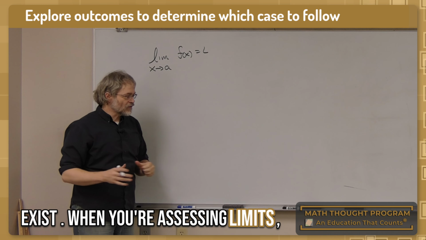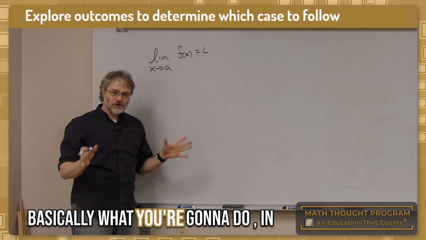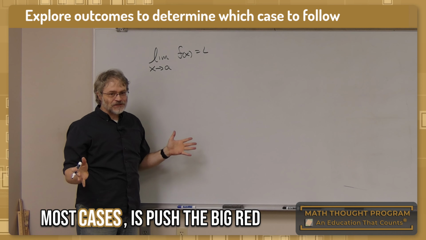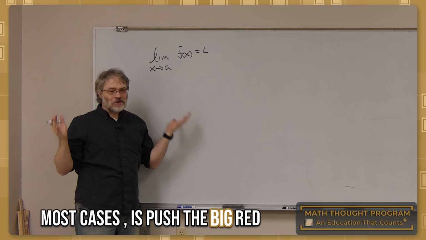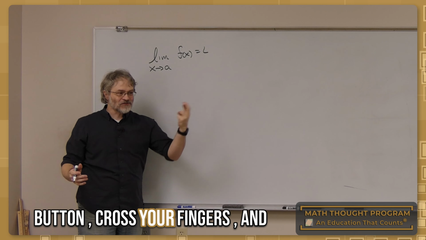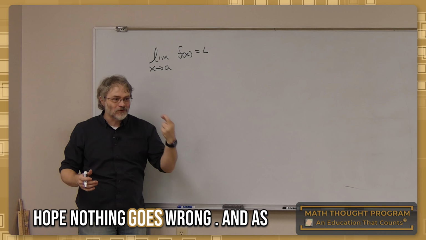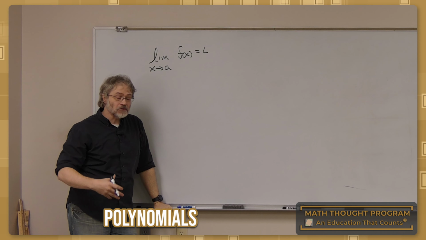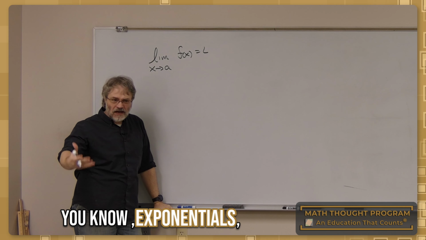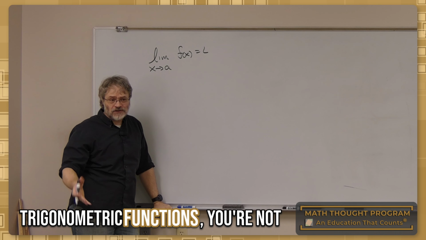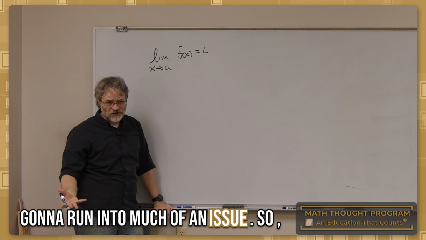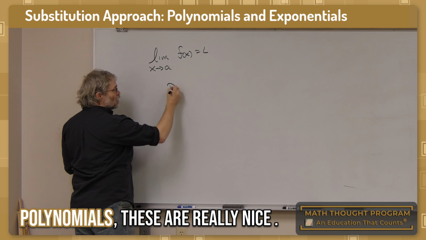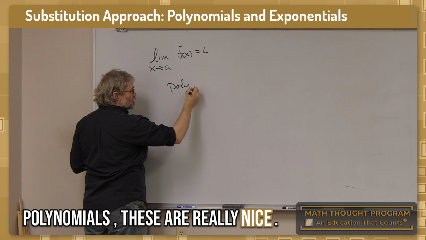When you're assessing limits, basically what you're going to do, in most cases, is push the big red button, cross your fingers, and hope nothing goes wrong. As long as you're working with polynomials, exponentials, trigonometric functions, you're not going to run into much of an issue. Polynomials are really nice.